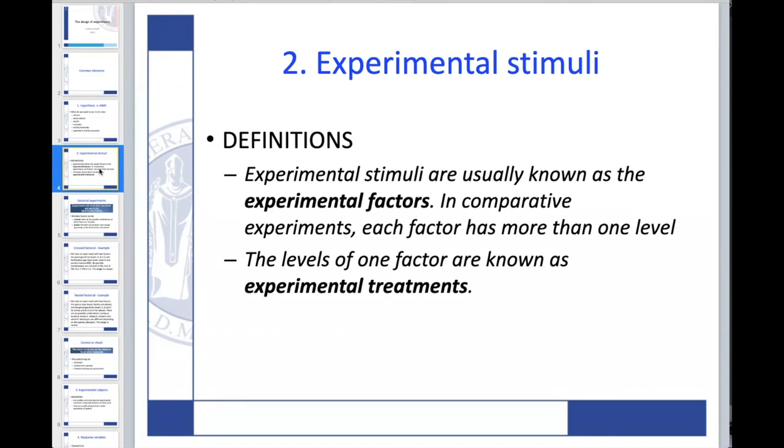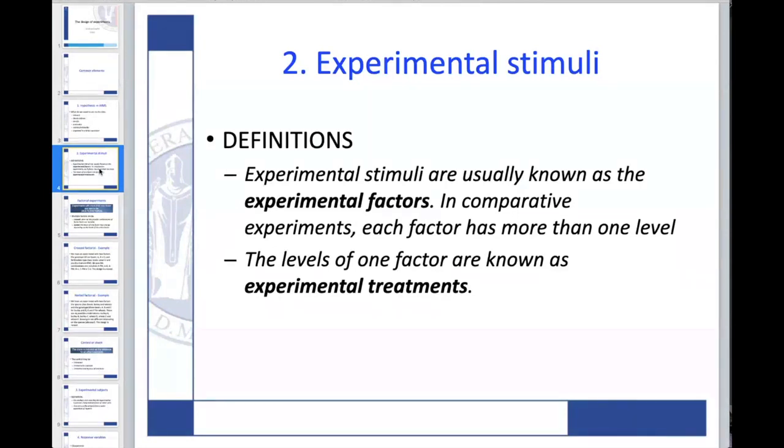So one factor might be the genotype. So we want to compare different genotypes. This would be the factor. Then we have the levels. So within the factor genotype, we have the level A, the level B, the level C, the level D, and so on. So we have 1 factor and 4 levels.